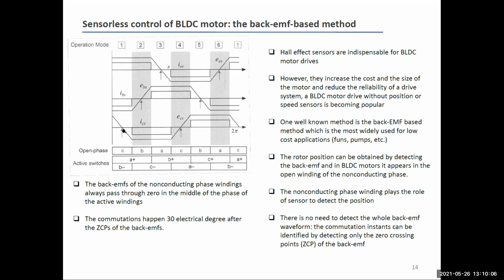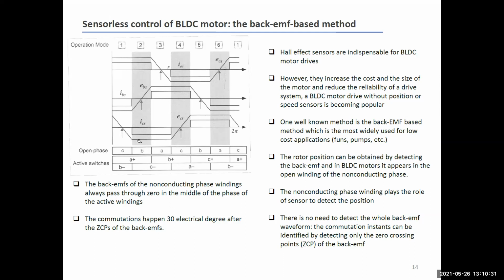So in that situation, you can recognize that each of these operating modes 1, 2, 3, etc., lasts for 60 degrees of the rotational angle. There are 6 in one complete revolution, 360. So each of these operating modes lasts for 60 degrees of the rotation of the rotor.